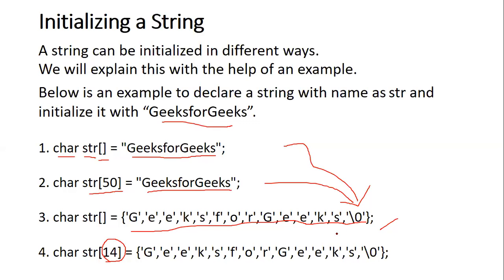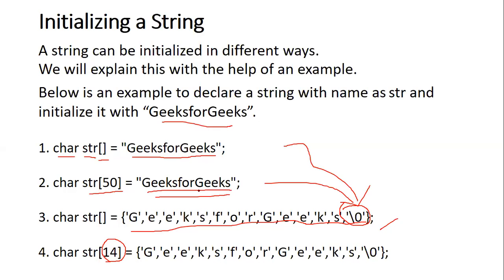Now you see here, when we are storing this element one by one, the last element inserted is the null character. So slash 0 is called the null character, and it has to be inserted. As we are inserting one element at a time, we have inserted slash 0, and when we are inserting the whole word as it is, we don't have to insert slash 0.